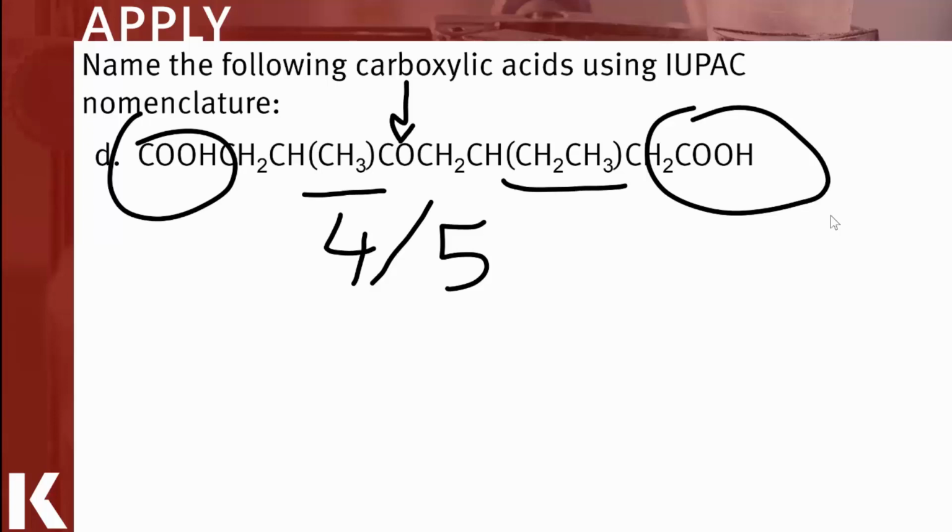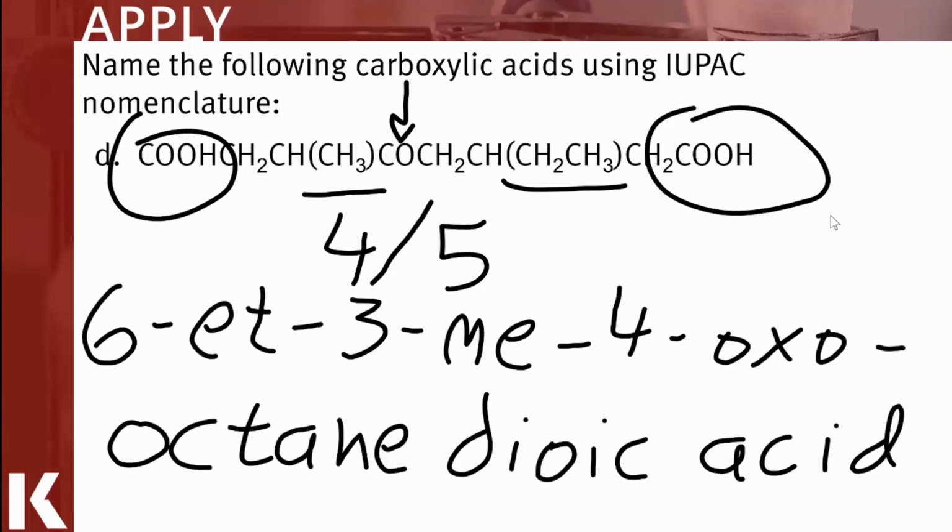If we start numbering from the right, it will be 5-oxo. So, picking the numbers in the way that gives us the lowest total of numbers, we end up with 6-ethyl-3-methyl-4-oxooctanedioic acid. Again, putting the substituents in alphabetical order.